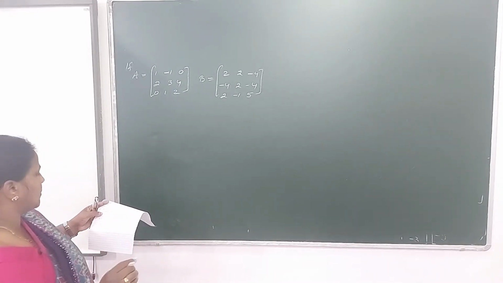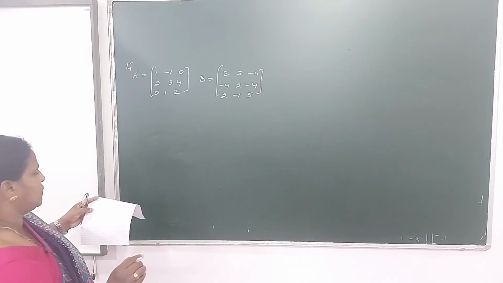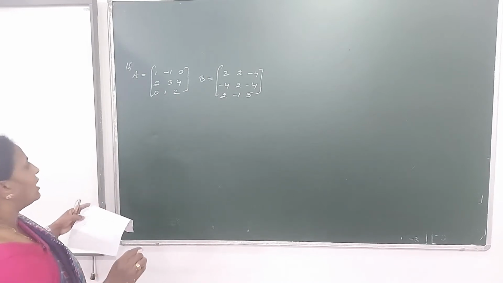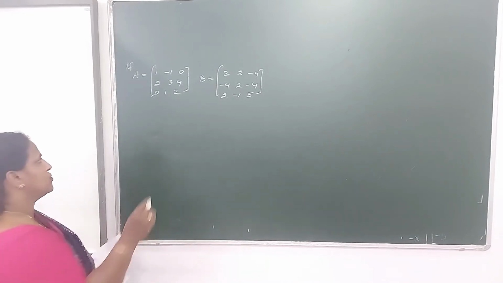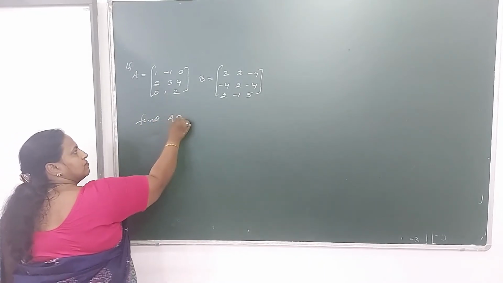A is 1 minus 1 0, 2 3 4, 0 1 2. B matrix is 2 2 minus 4, minus 4 2 minus 4, 2 minus 1 5, the two square matrices. The question is, first you will find AB.